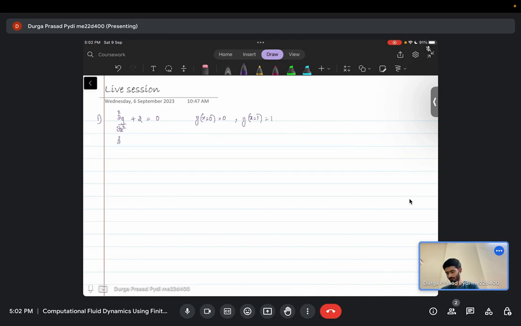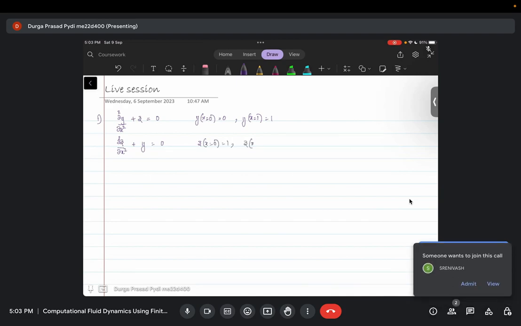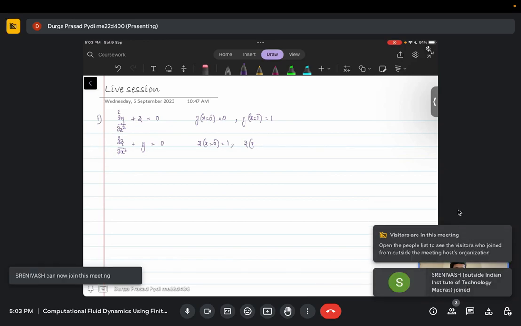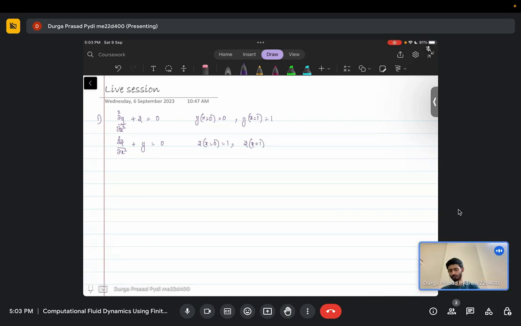Also we have del square z by del x square plus y equals 0, with z at x equal to 0 being 1, and z at x equal to 1 being 0.